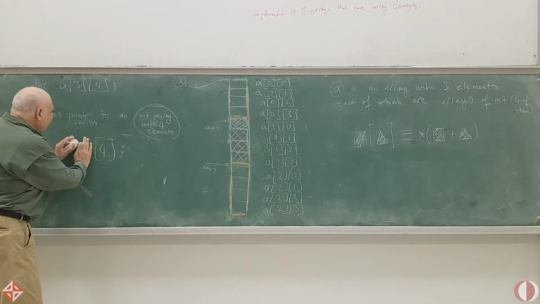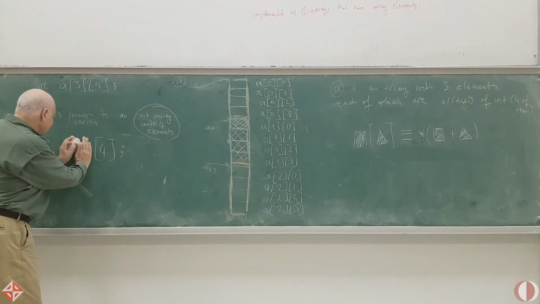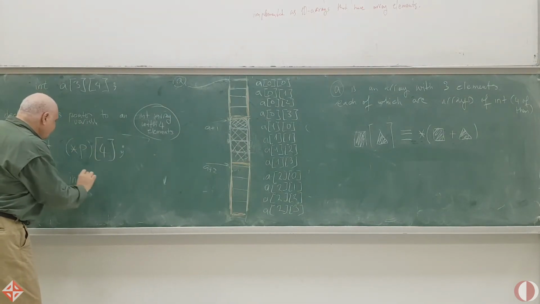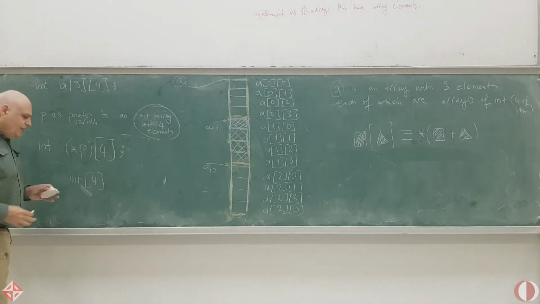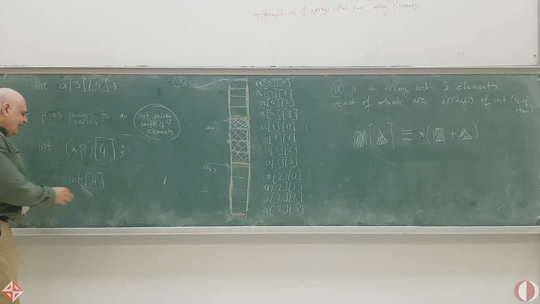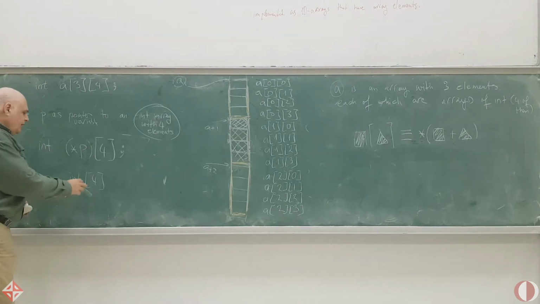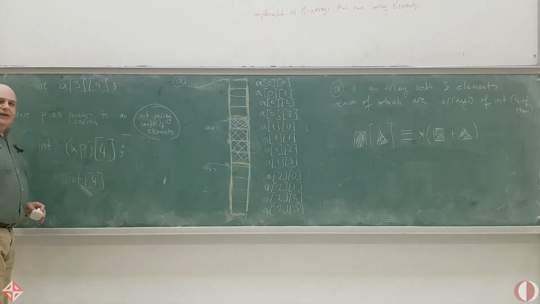Now remove this one from the picture. You are left with integer 4. Something new to you. This shall be read as an array with integer elements. Integer elemented array with 4 elements.